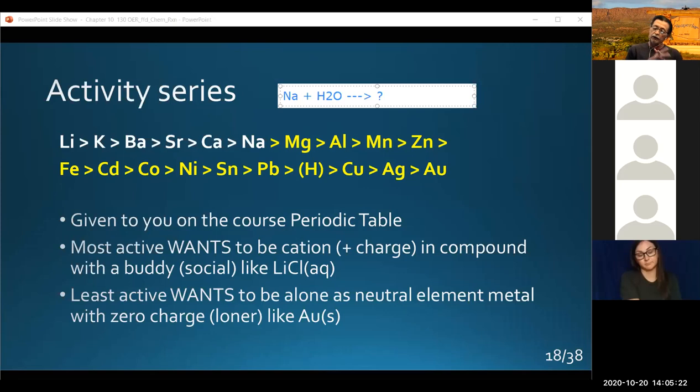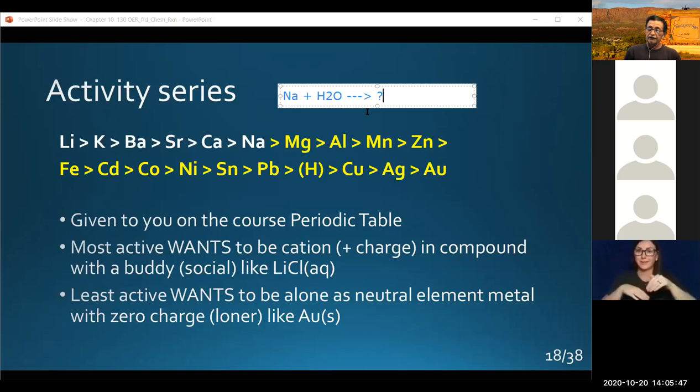Well, we look at the activity series, we find sodium, and then we know that the H2O is the salt form of hydrogen. So we find hydrogen, which is in parentheses in the activity series, and we see that sodium is a lot more reactive than hydrogen.